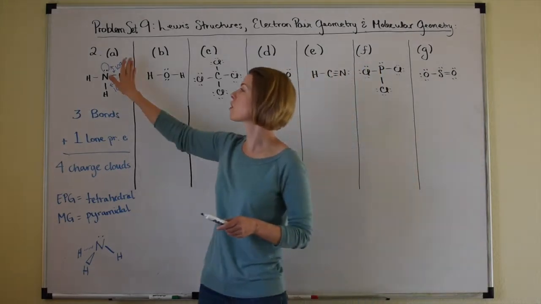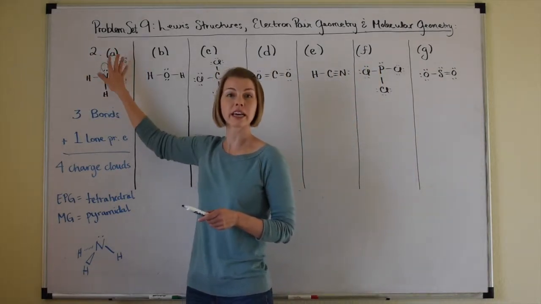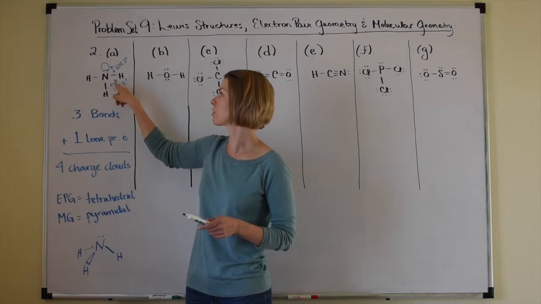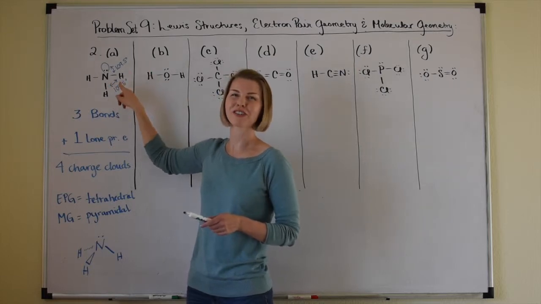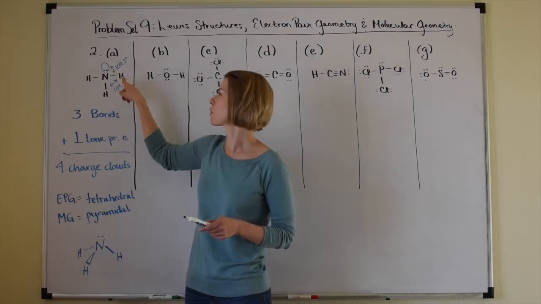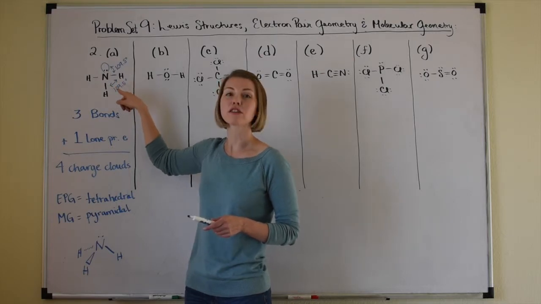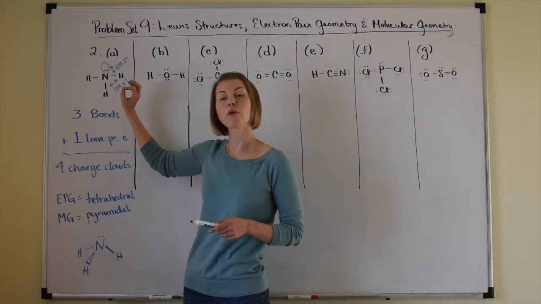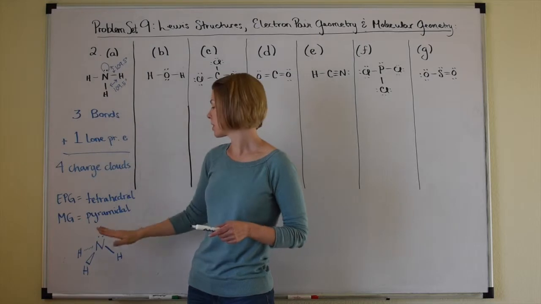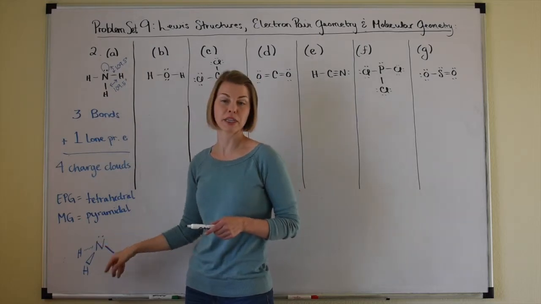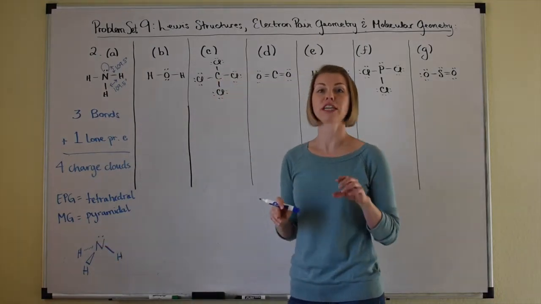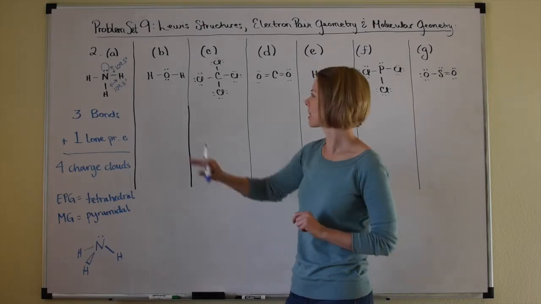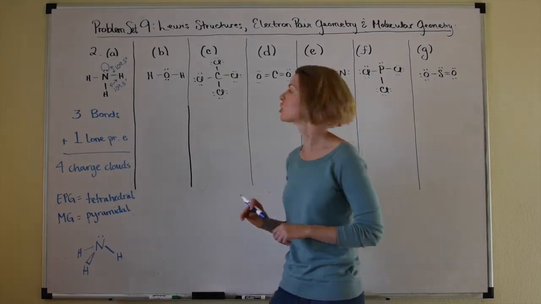Even if you draw your Lewis structure like this, and it looks like you've got 90-degree angles, it is up to you to understand that there are 4 charge clouds, therefore these angles are not 90, they are 109.5, which brings us to the molecular geometry that is pyramidal, because we do have 1 charge cloud that is a lone pair. All right, let's go on to water, H2O.